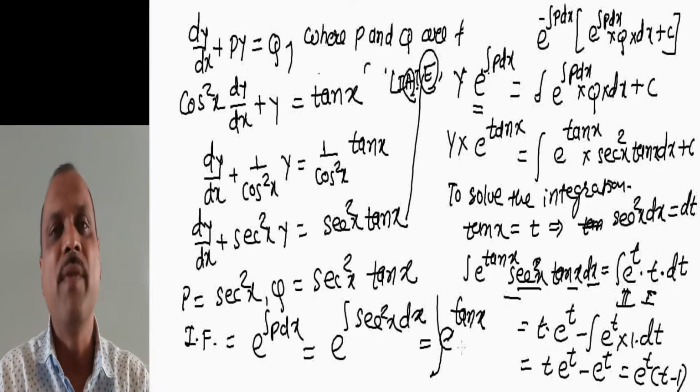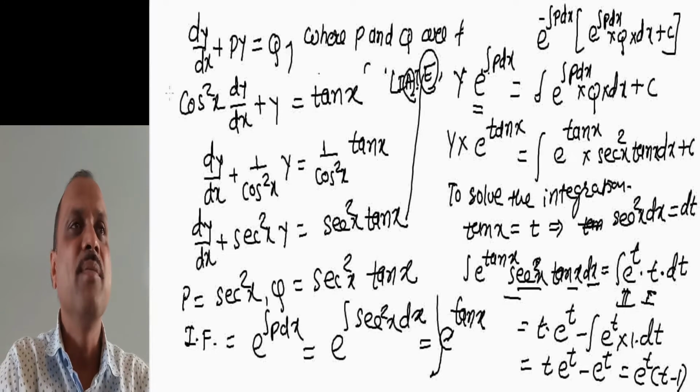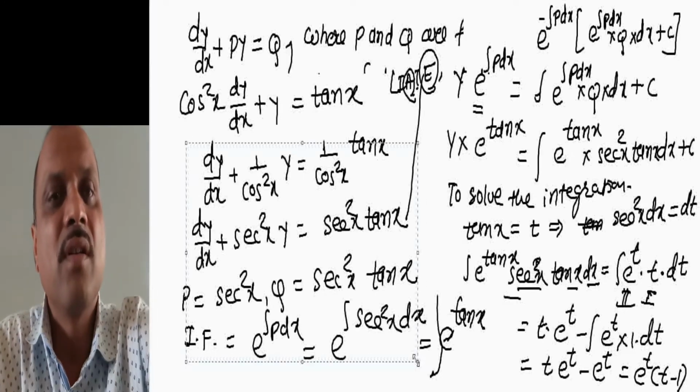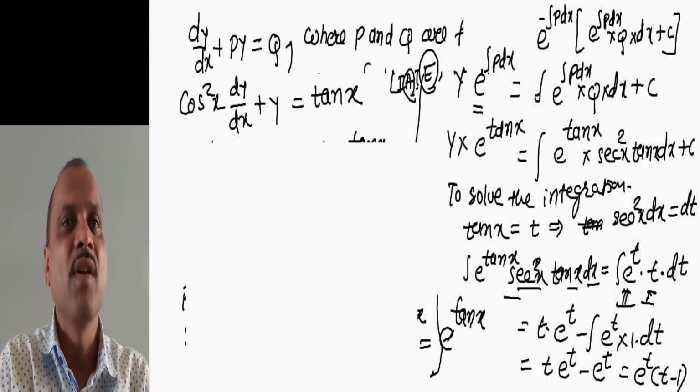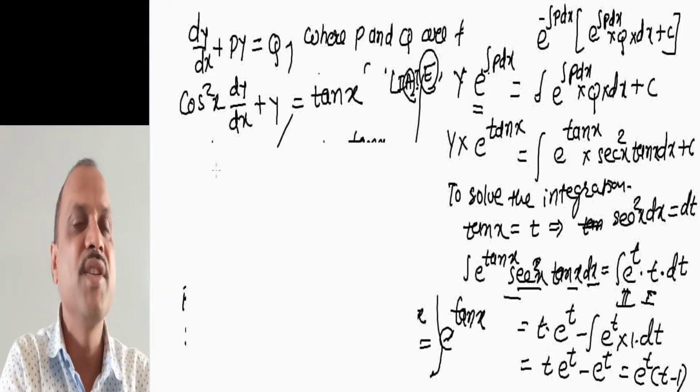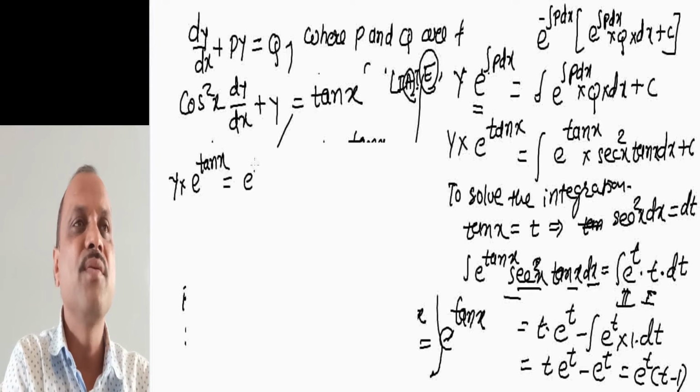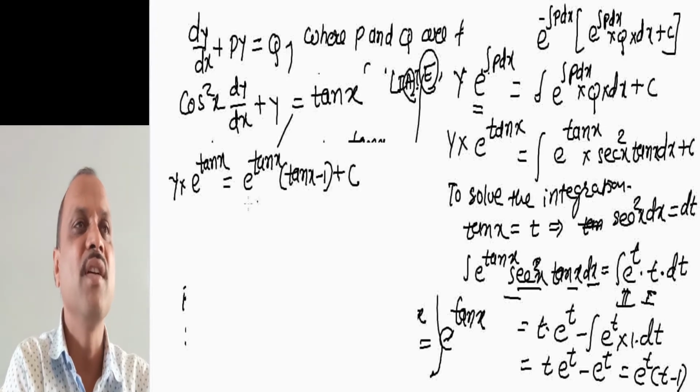Now put the value of t. By substituting the value of t, what is e raised to t? t is tan x. So we have y into e raised to tan x equals e raised to tan x into tan x minus 1 plus c.